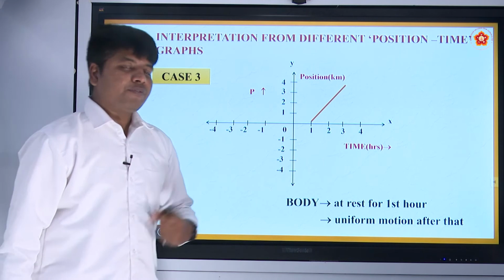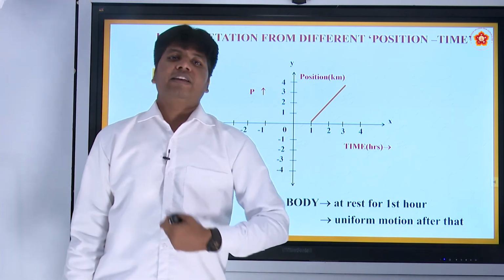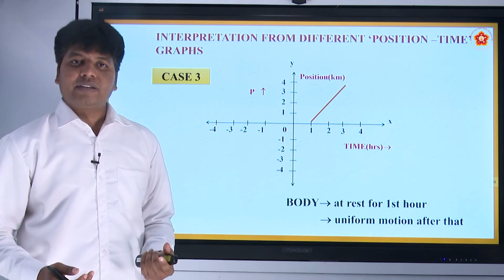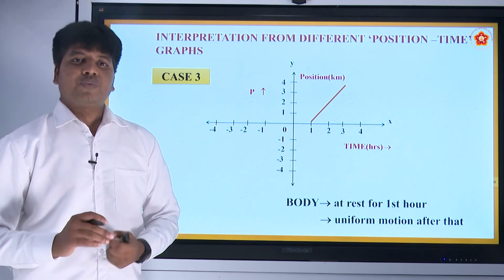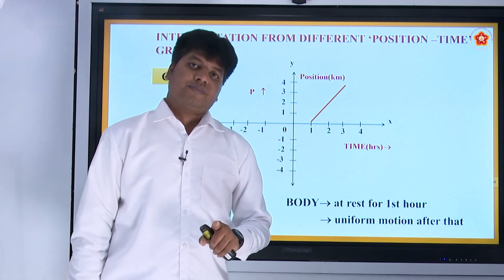For example, in the first second you travel 10 meters and in the second second you travel 9 or 8 meters, anything other than 10 meters, that means you are changing your velocity. When the velocity changes, that is called non-uniform motion.